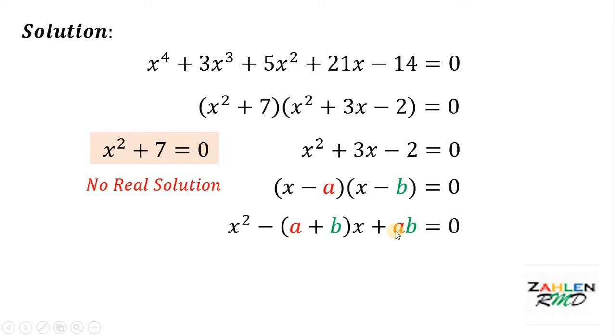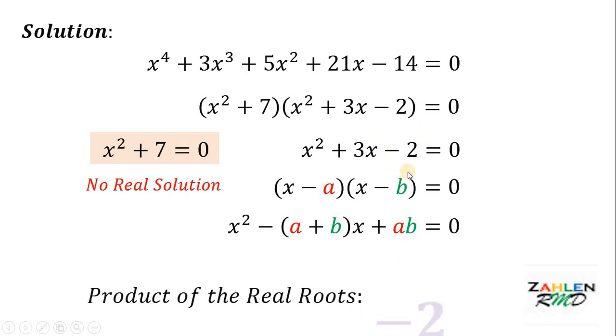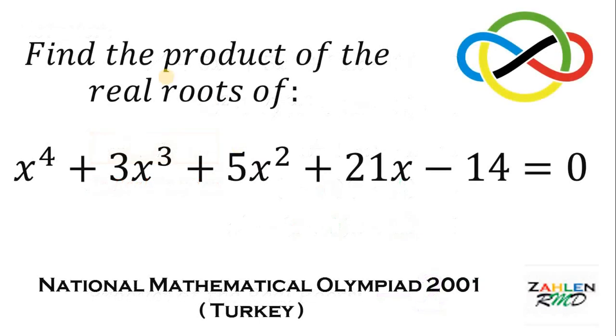Now by comparison, the product of all real roots of this equation must be equal to negative 2. Therefore, our answer to the question, find the product of all real roots of the equation x to the fourth plus 3x cubed plus 5x squared plus 21x minus 14 equals 0, is negative 2. And we're done.